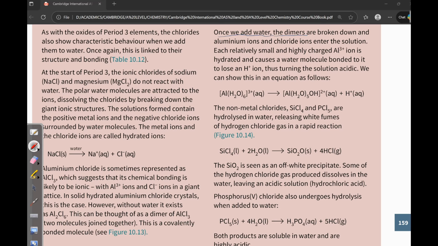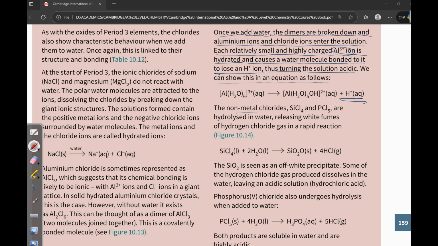Once we add the water, the dimers are broken down and the aluminium ions and chloride ions enter the solution. Each relatively small and highly charged aluminium ion is hydrated and causes a water molecule bonded to it to lose a hydrogen ion, thus turning the solution acidic. We can show this.